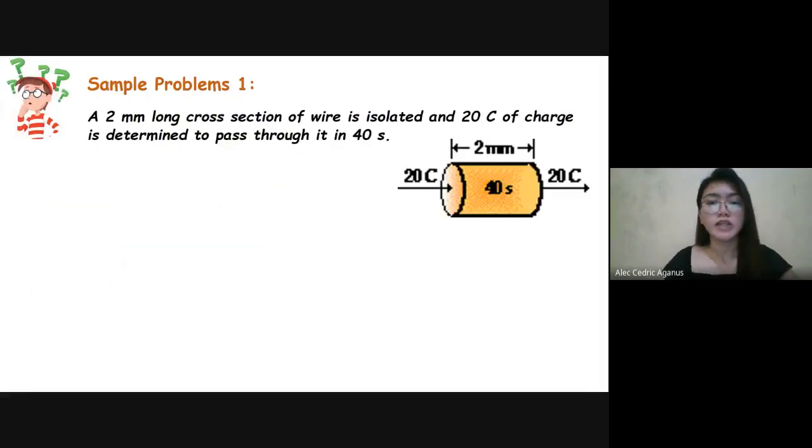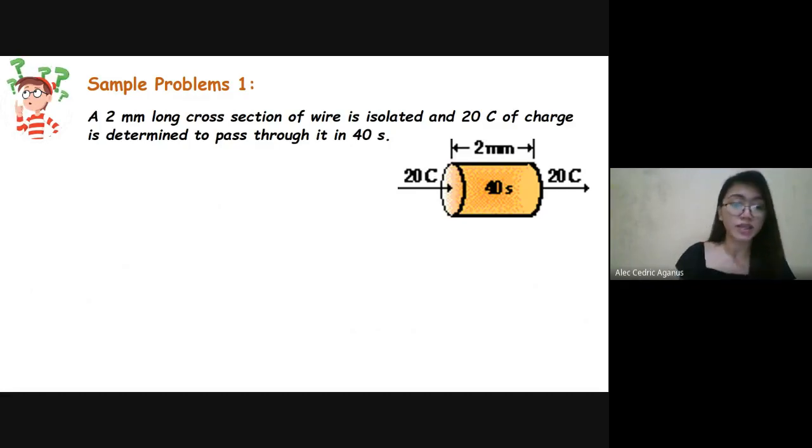So let's proceed to the problems in order for us to really understand the computation of current. First, a 2 millimeter long cross section of wire is isolated and 20 coulombs of charge is determined to pass through it in 40 seconds.